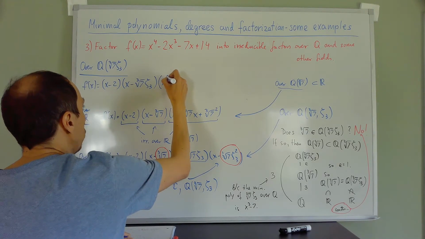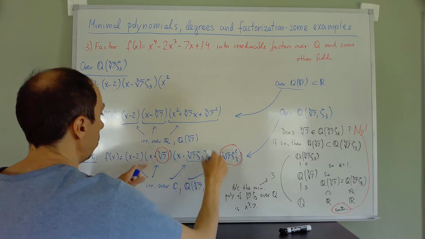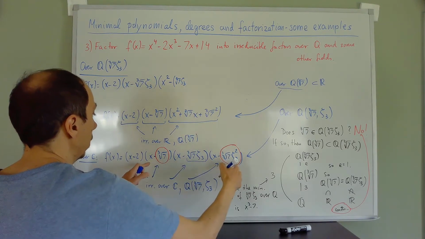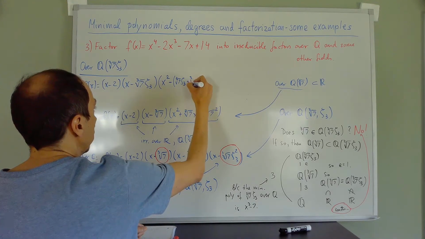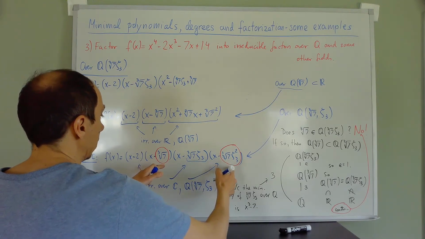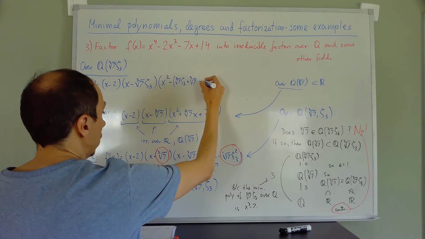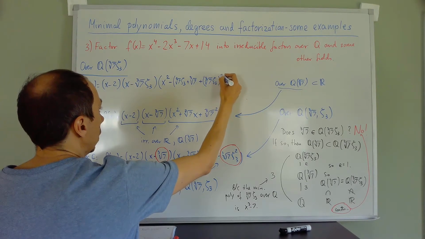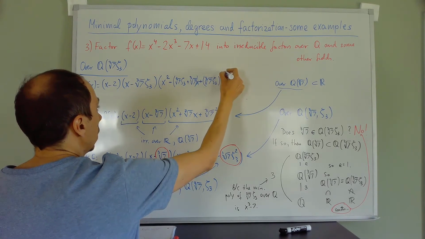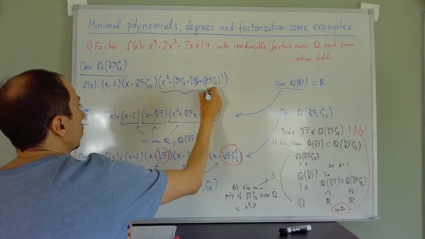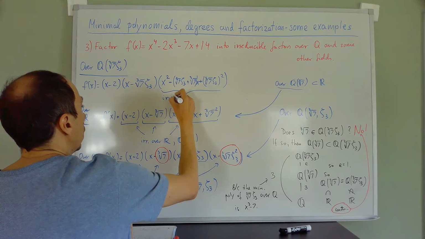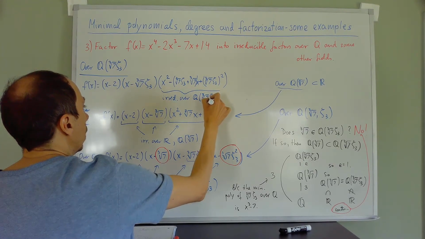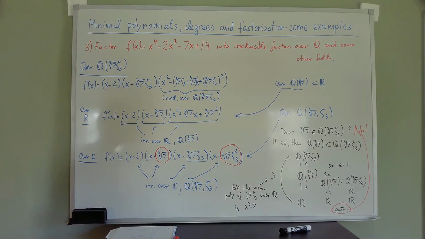So this is x squared minus cube root of 7 zeta 3 plus cube root of 7 x plus cube root of 7 zeta 3 squared. Oh, sorry, there's an x, and this is irreducible over Q adjoint cube root of 7 zeta 3.